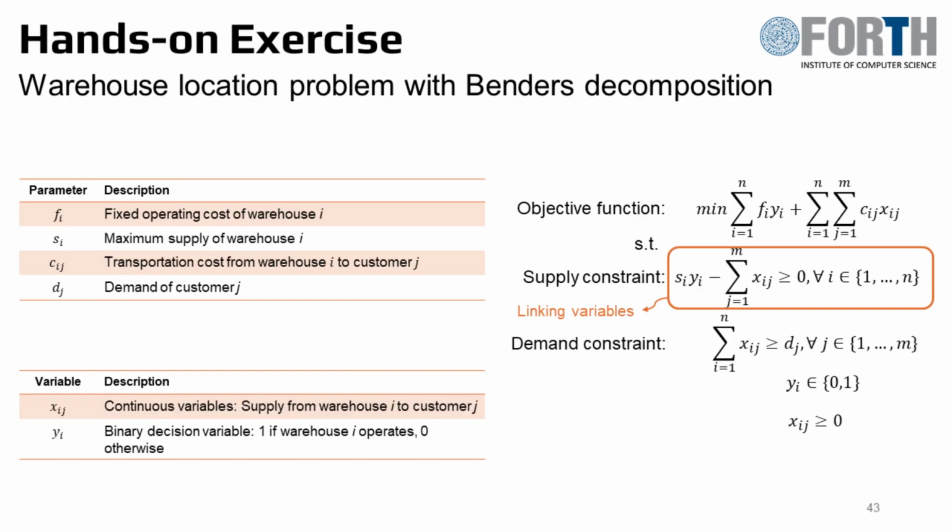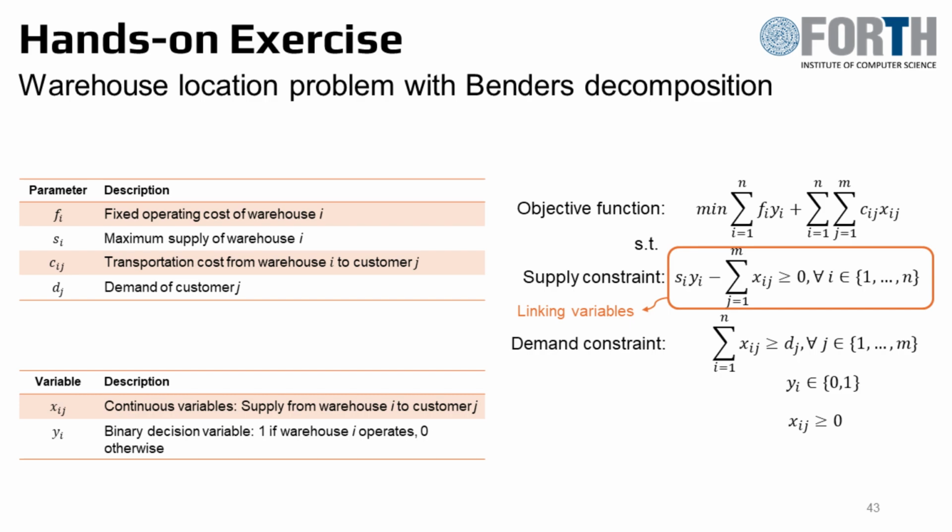Let's now proceed to the formulation of the problem. First, the parameters. We are given F_i, the fixed operating cost of warehouse i, S_i, the maximum supply capacity of warehouse i, C_ij, the transportation cost from warehouse i to customer j, D_j, the demand of customer j.